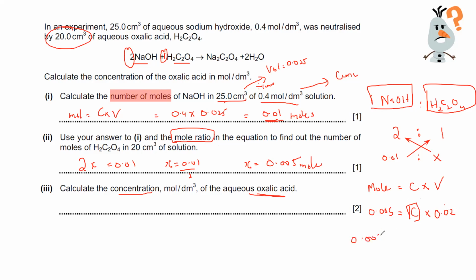So the concentration equals moles divided by volume: 0.005 divided by 0.02, which equals 0.25, and the unit of the concentration is moles per decimeter cube.